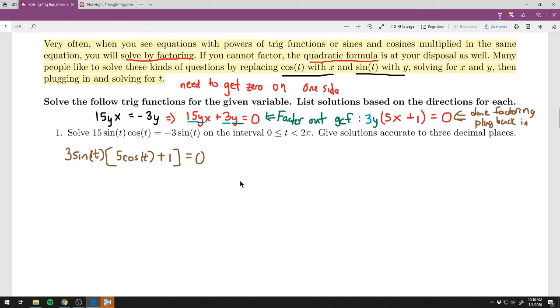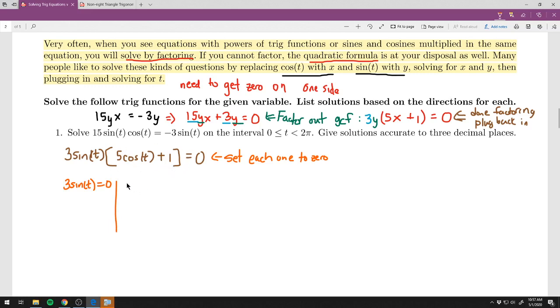And the whole idea with this, solving this, is now once you have something factored and it's set equal to 0, you do exactly what you did in college algebra ever since you started factoring. We set each one to 0. Meaning we have the stuff out front, 3 sine of t equals 0.